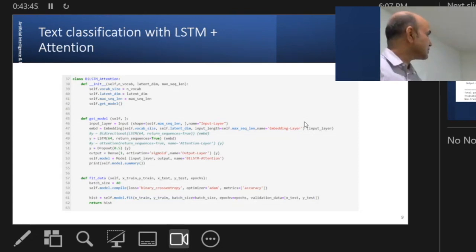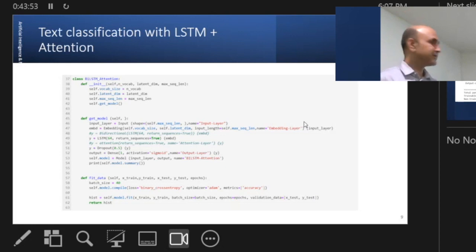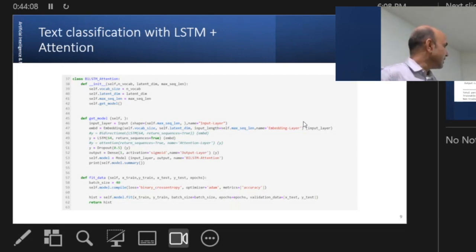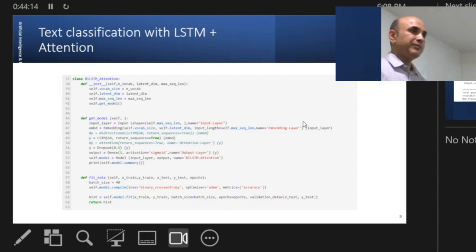Once it goes inside the embedding, what comes out are vectors, fixed size, latent dimensional size vectors. Now this vector goes to the LSTM, where we have written return sequences equal to true. So the LSTM returns a sequence, and then I apply one dropout on it and the dense network. Finally, I get just 0 and 1.